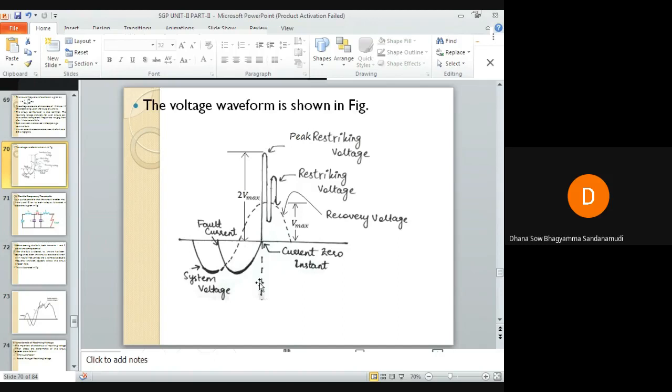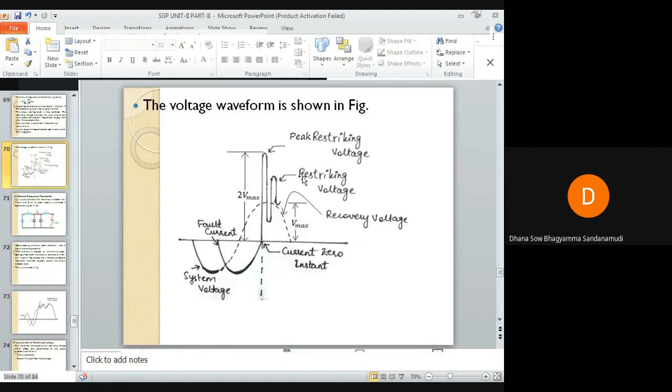If I draw a straight line with respect to this waveform, the peak of this restriking voltage, you can see it is a straight line. I can draw a line parallel to this. That will be the slope of this restriking voltage. It can even be curvy in nature.